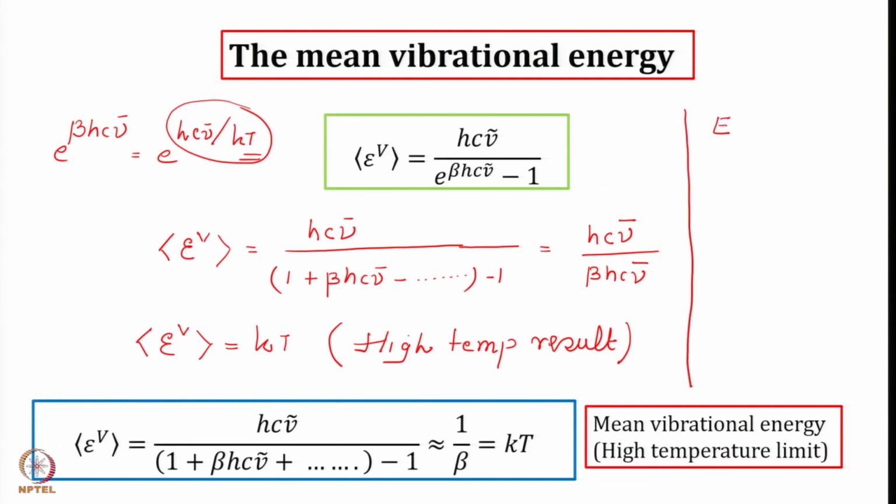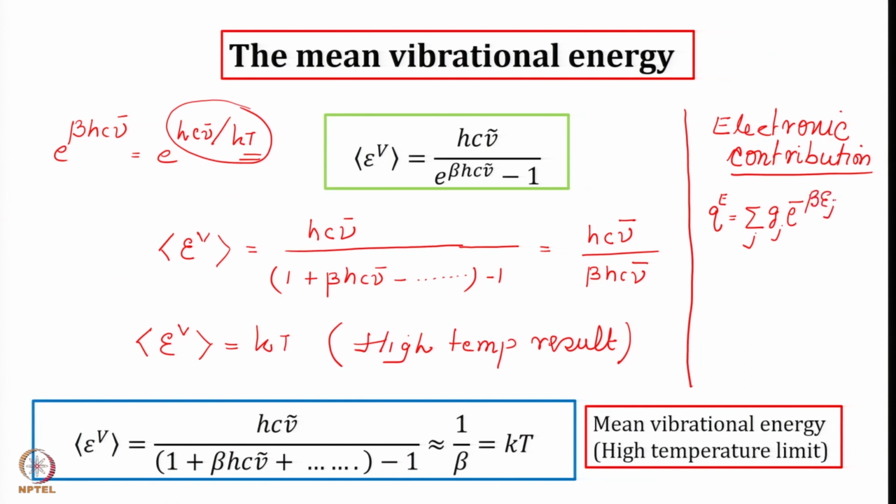Let me very briefly touch upon the electronic contribution. The electronic contribution to the partition function can be obtained directly from this expression, Q electronic equals summation over j of Gj exponential minus beta Ej, where j is a certain electronic state.